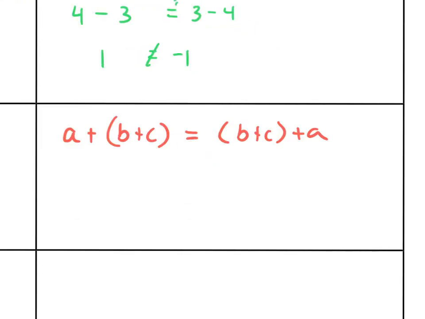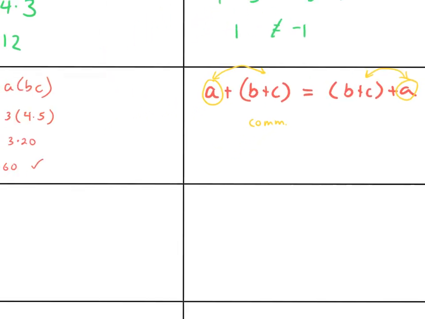Just to reflect, notice the A comes first here, and now the A comes last. So effectively what I've done is switch the two right here. So this is actually the commutative property. So don't simply say, oh, I see parentheses, it must be the associative property. That's a common mistake. Parentheses does not mean associative. But the converse is true. Associative does mean parentheses. So you have to have parentheses with the associative property.